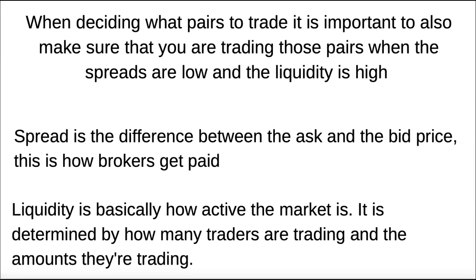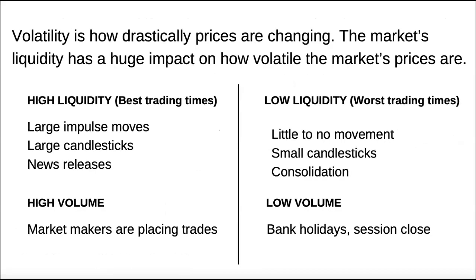Liquidity is basically how active the market is. So you want to trade when there's high liquidity in the market. Liquidity is determined by how many traders are trading and the amounts and volume of trades in the market at any given time. Volatility is how drastically price is changing.